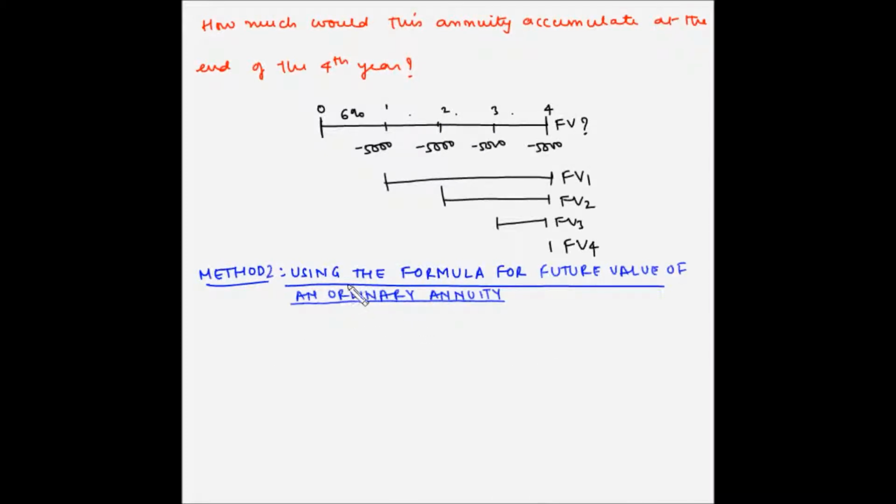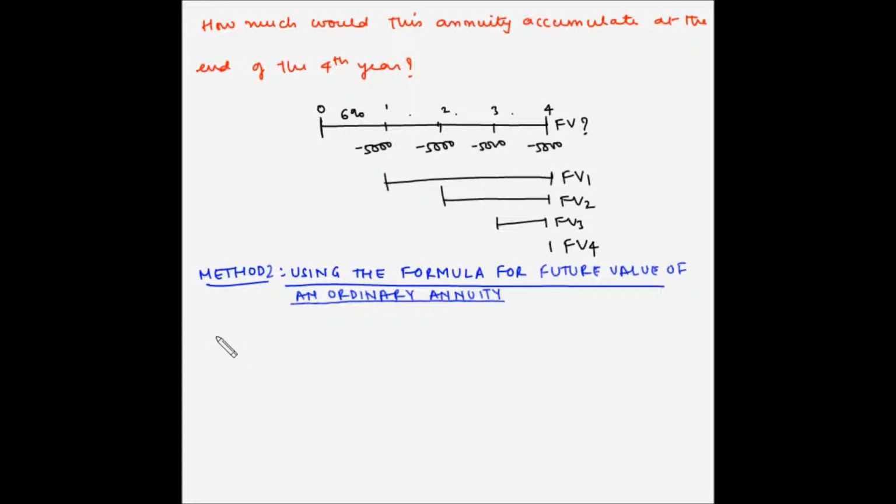The second method is to use the formula for future value of an ordinary annuity. As we had seen in the video for future value of an annuity, we have seen how to derive the formula for finding out the future value of an ordinary annuity.